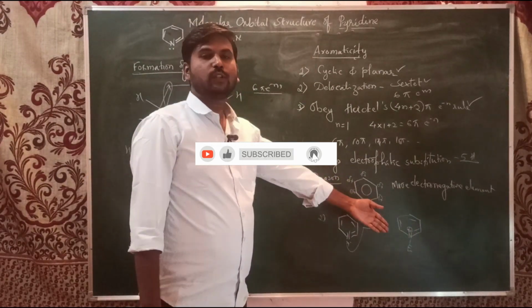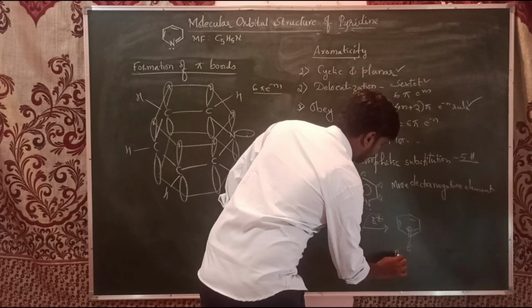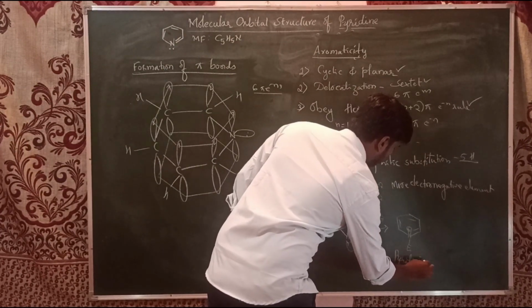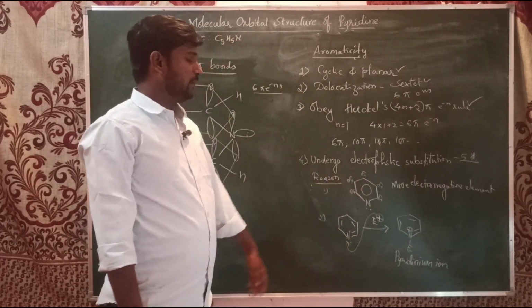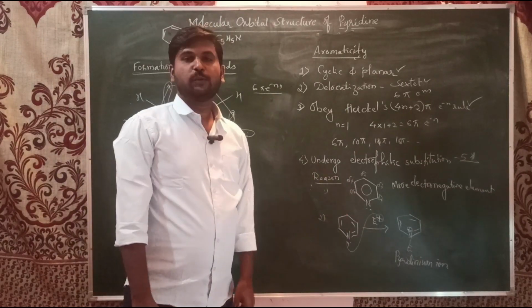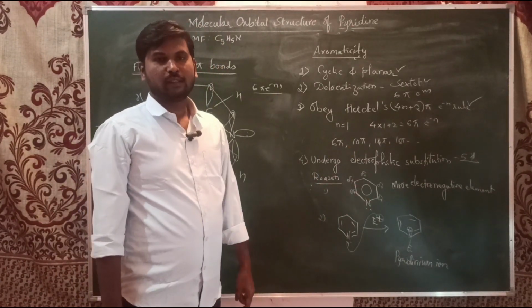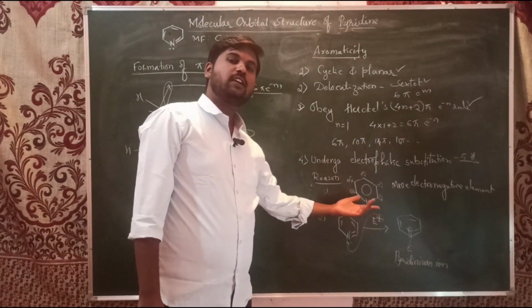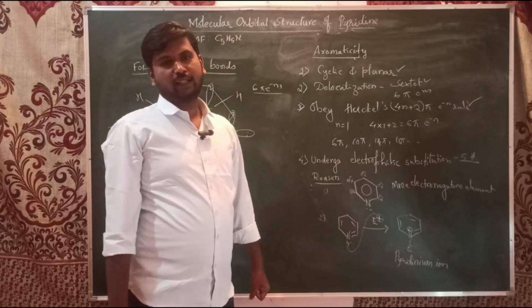So this is going to form an ion, and this ion is the pyridinium ion. As it has a positive charge, it shows resonance also, hence it becomes stable. So instead of replacing the hydrogen, the electrophile attacks the nitrogen atom.